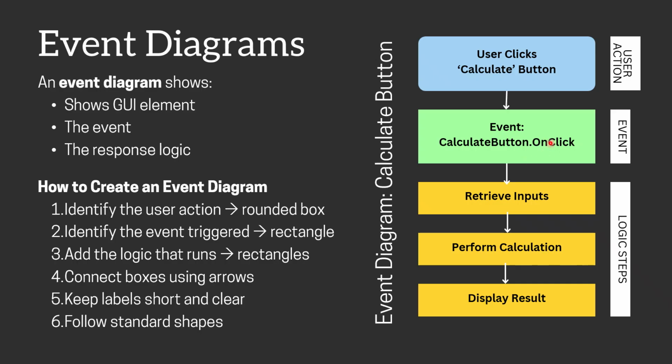Examples of that would be whatever the button name is, like in our instance here, calculate button dot onclick, or a text box dot onchange, menu item dot onselect, form dot onsubmit. Basically, this box answers which event the program is listening for.